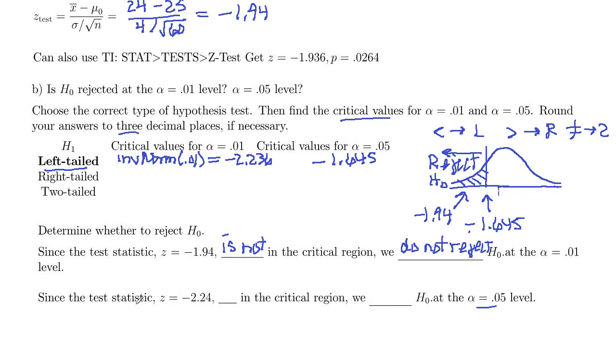So since the test statistic here, no, we've still got a test statistic of negative 1.94. The test statistic doesn't change. It's the critical region that changes. And that is in the critical region, so we reject H0 at the alpha is 0.05 level.